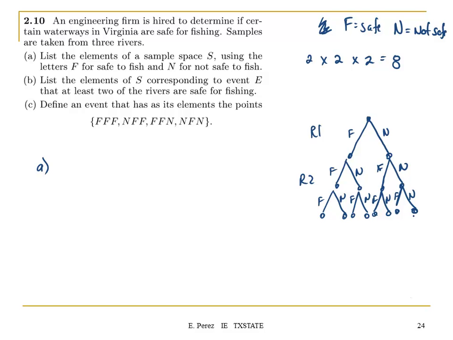So if you list the sample space, then S will be equal to F, F, F, F, F, N, F, N, F, N, F, F, and so on.